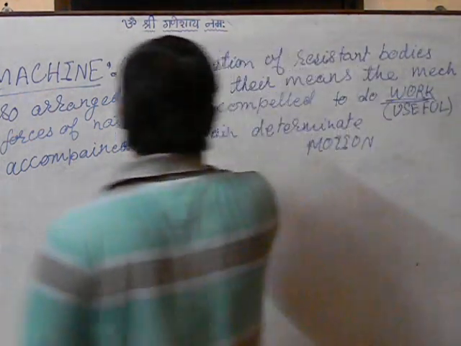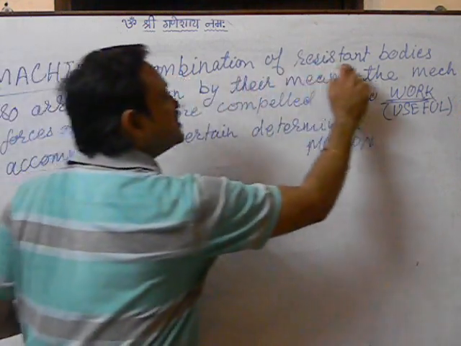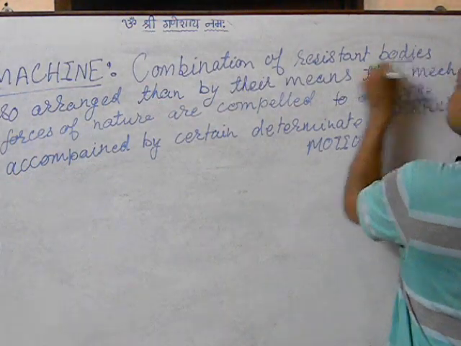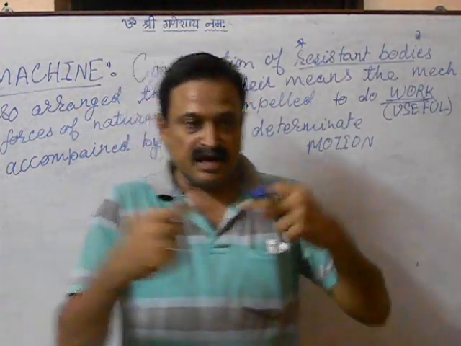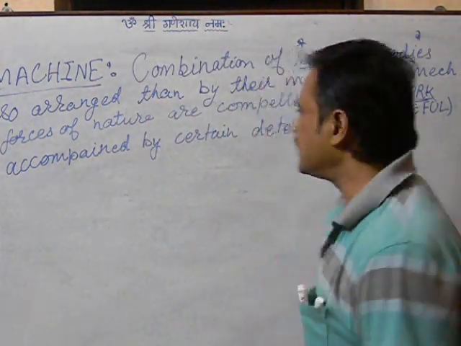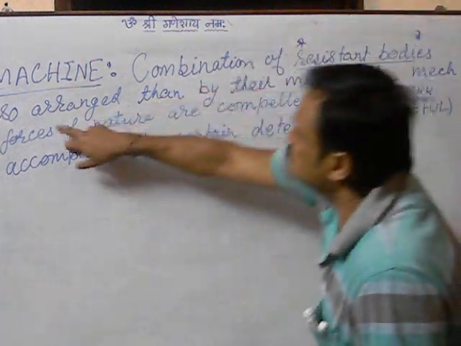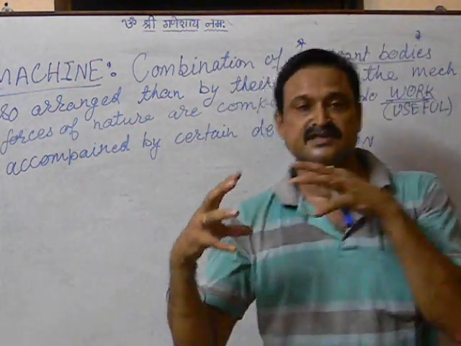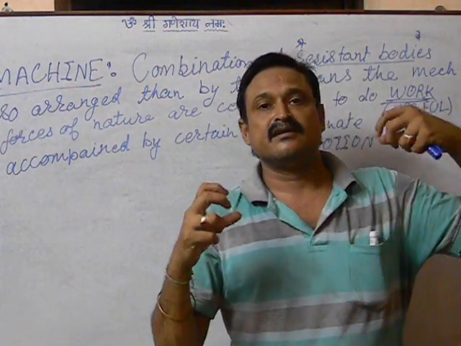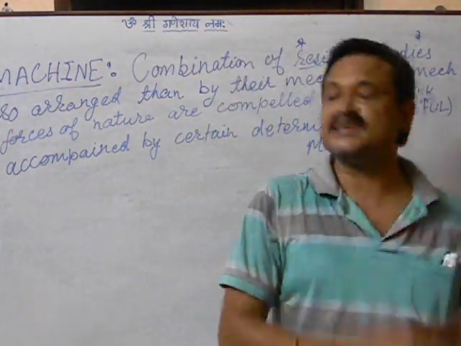So when it is a machine, I can say a machine is a combination of resistant bodies. This is again one of the key words. The bodies or the members which are connecting each other are called the resistant bodies. So arranged, see, we had a specific arrangement. The cylinder, inside which I had a piston, then I connected the third link, then the fourth link as the crank.